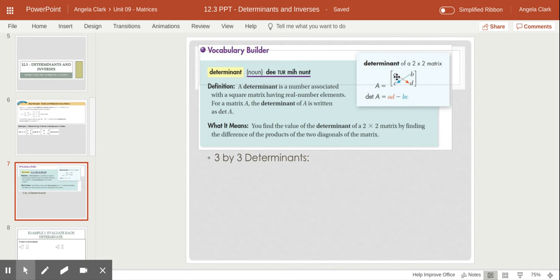So for a 2x2 matrix, it's pretty straightforward. The determinant is this diagonal minus this diagonal.